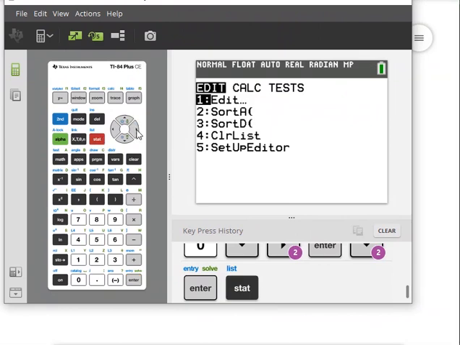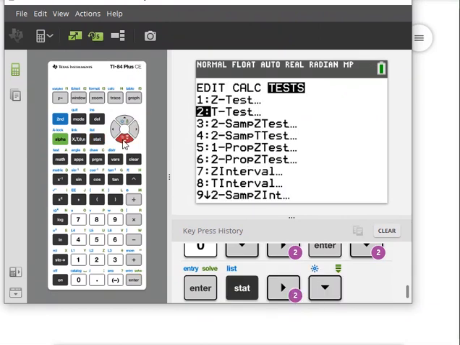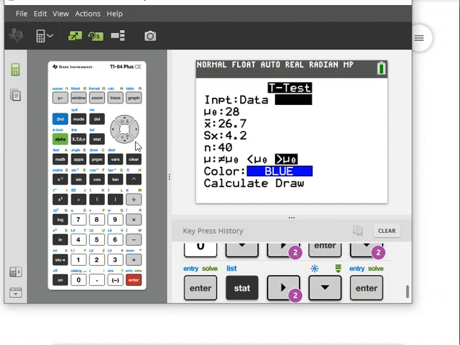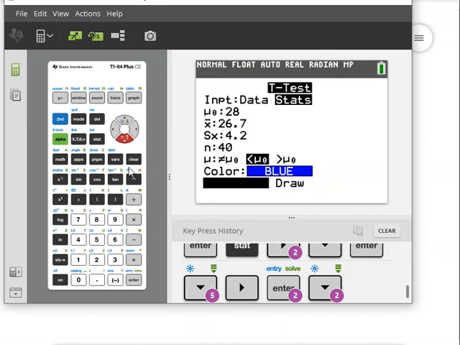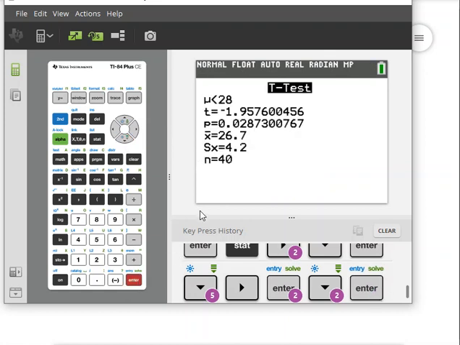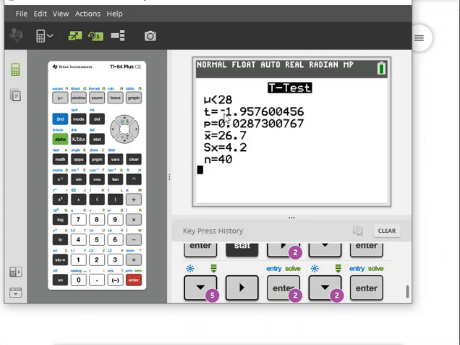Stat, test, t-test. There we go. Okay, so we have this t of negative 1.57. P is 0.028. There's our mean, standard deviation and sample size data that we put into this.